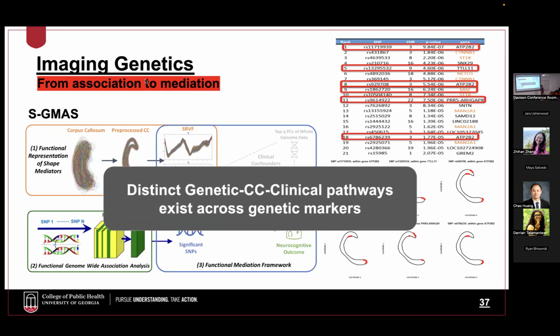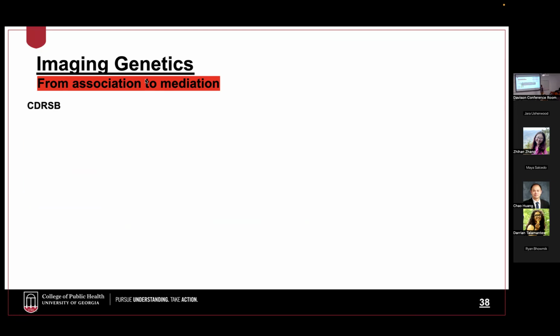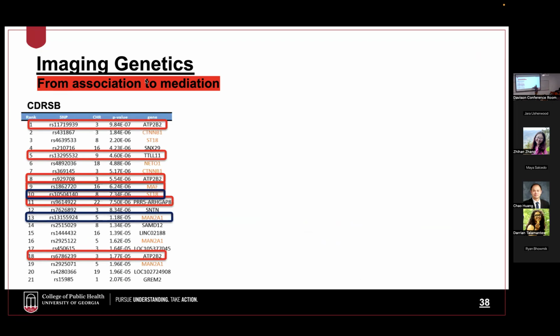And we also tried to use another clinical outcome, that is CDR-SB. So what is the difference between the CDR-SB and the one we used in the previous slides? The CDR-SB is more likely to be used if we want to do some early detection, like when the patient is at the MCI stage and has not progressed to AD.